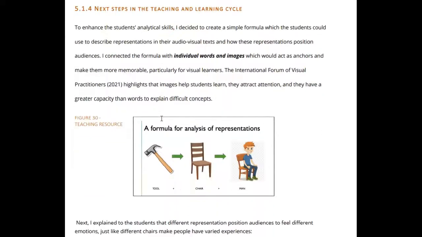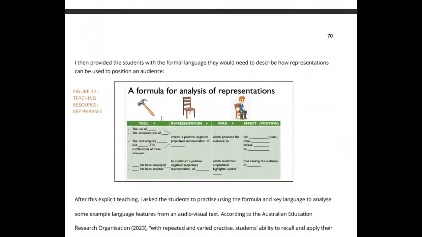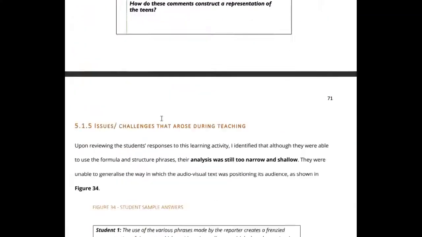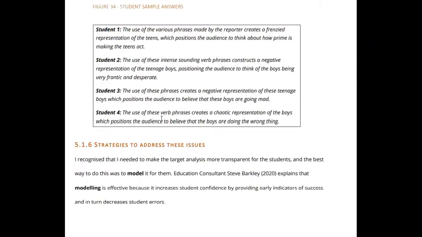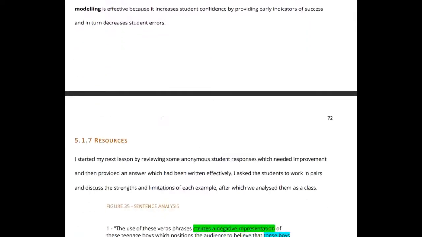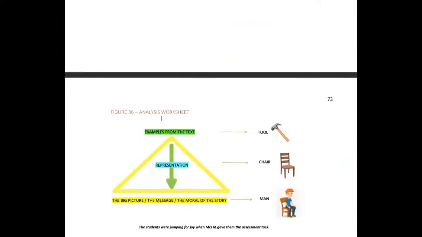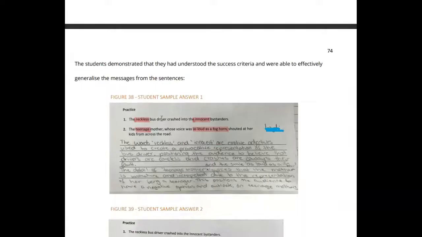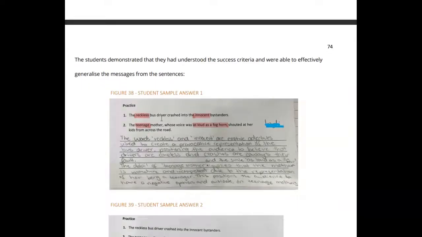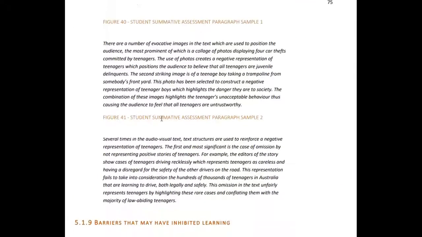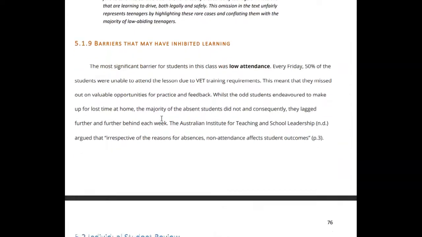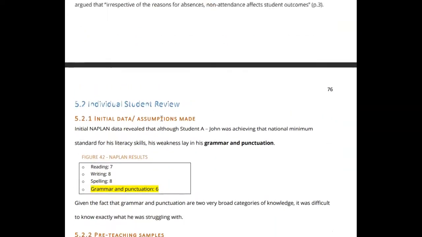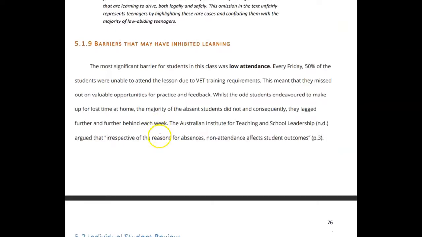This is how I utilised it. Here are my key strategies, resources and tools I used. And here again, this probably could be a little bit more condensed. And this is the outcome at the end, impact. In final assessment, barriers. Now you could also include here a table of results as another overall impact.